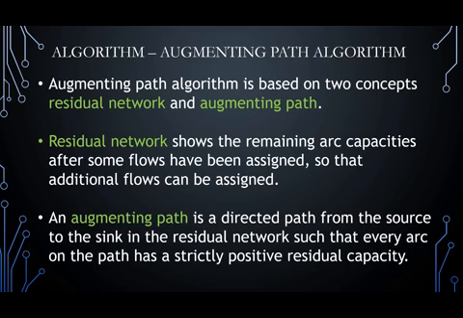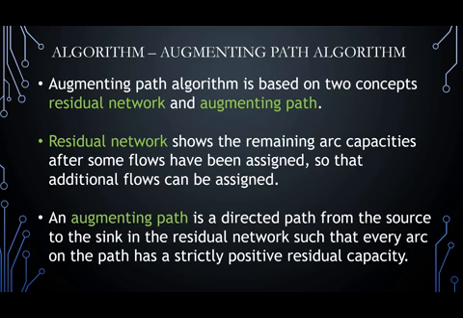Whenever we have assigned a particular flow from source to sink and the capacities of these arcs are still remaining, if I note down the remaining capacities, or residual capacities, of these arcs on a network, then such a network is called a residual network.